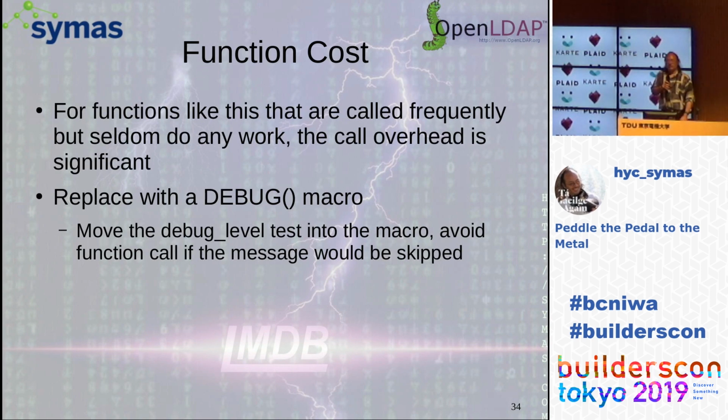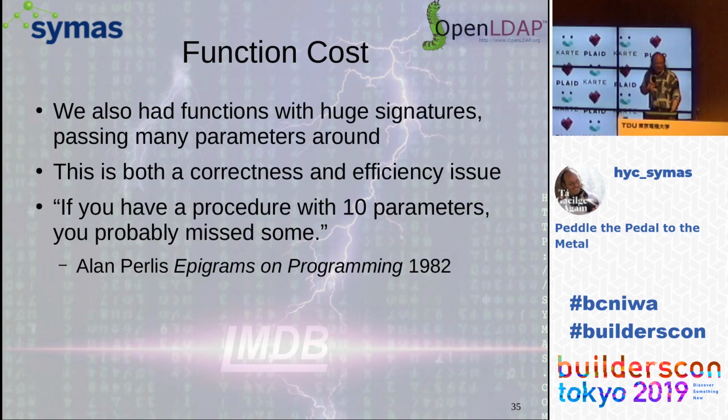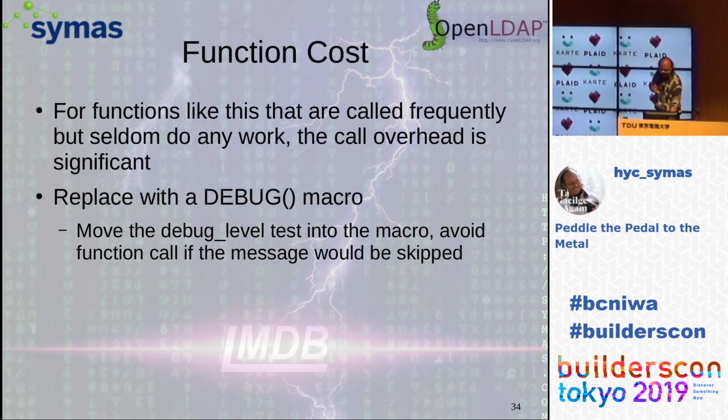So instead, we started wrapping these invocations with a macro that puts the condition test in the macro instead of invoking the function. And again, a simple change like that is worth 5% of runtime.